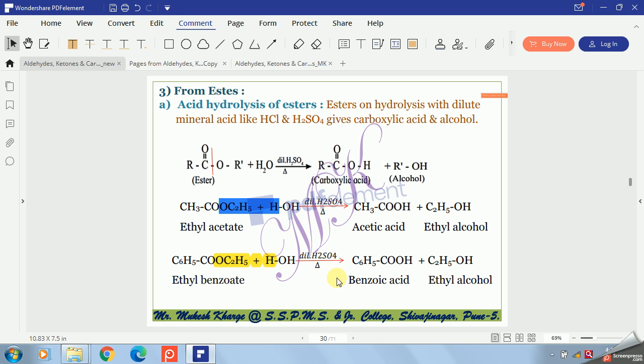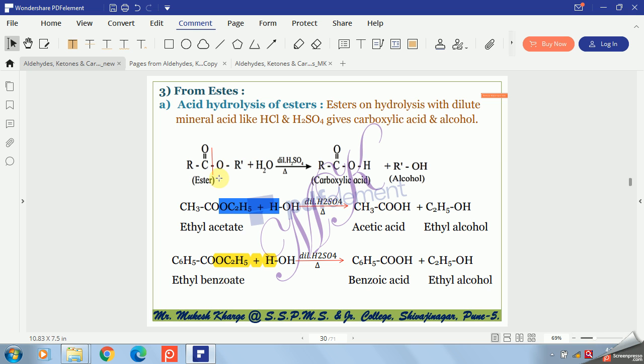Remember this breaking of bond, it may be asked in your exam, such as which bond undergoes cleavage in a multiple choice question. The reaction takes place in presence of dilute H2SO4. If we don't use dilute H2SO4 here, then a reversible reaction can also take place, and your acid, which is a product, reacts with your byproduct alcohol to give the ester back. So this reaction becomes reversible, and formation of ester is called esterification.